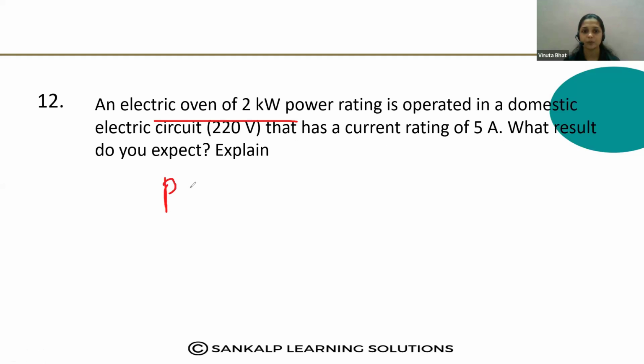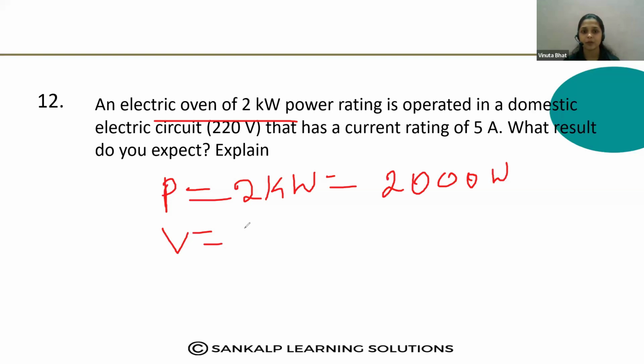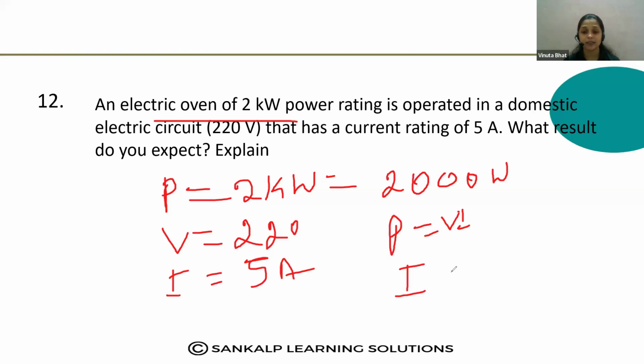P is equal to 2 kilowatt, that is 2000 watts. V is equal to 220 volt, and I is given as 5 ampere. We know the power formula, P is equal to V into I.